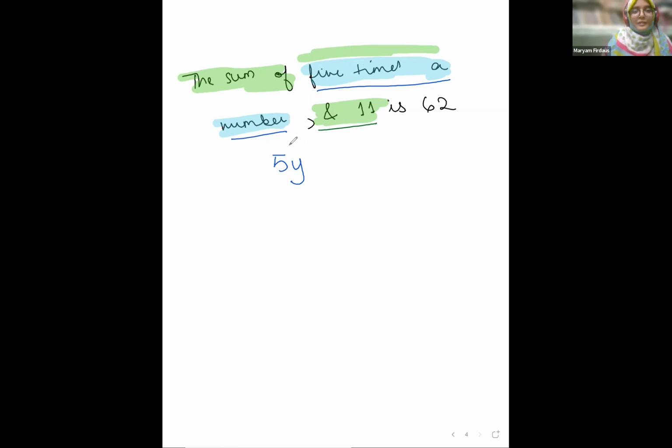Should it be 5 plus 11 or 5y plus 11? Because they're not saying the sum of 5 and 11 is 62.